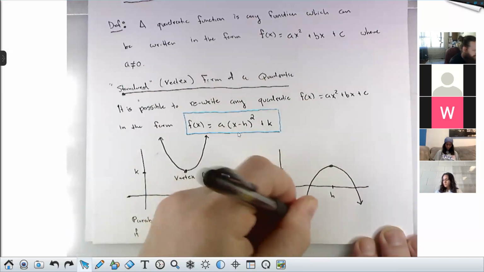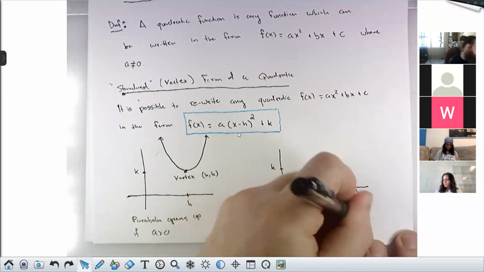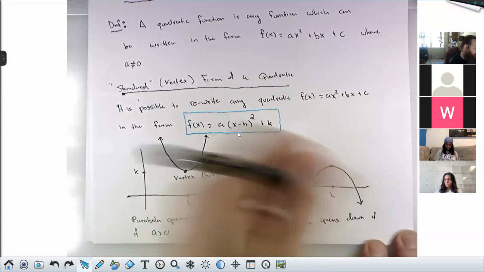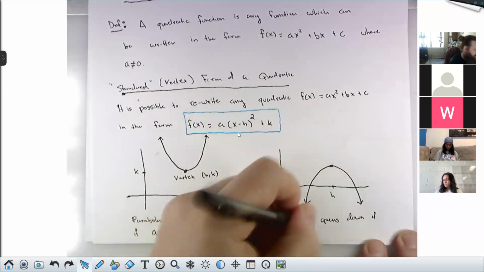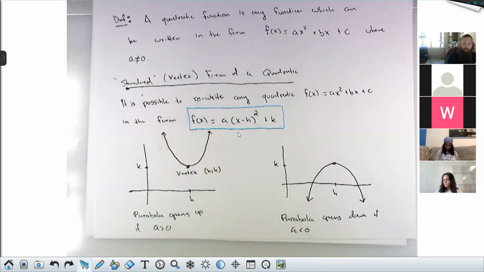We call this opening down. So the graph on the left, we call the parabola opening up because the bowl shape is pointing up, the open end. And this one, we call opening down because the open end of the bowl is pointing down.